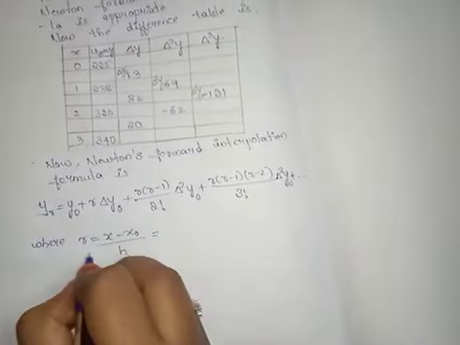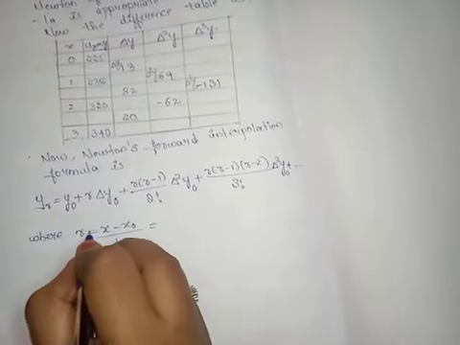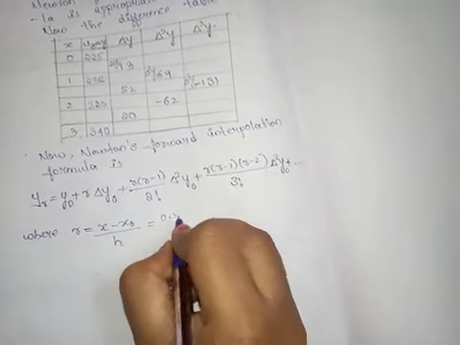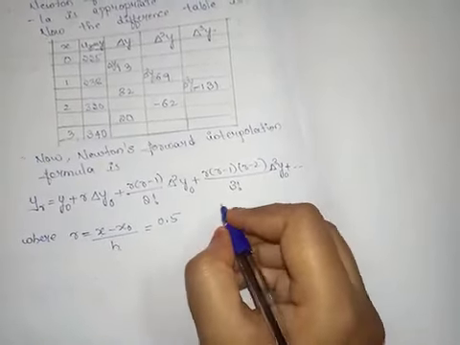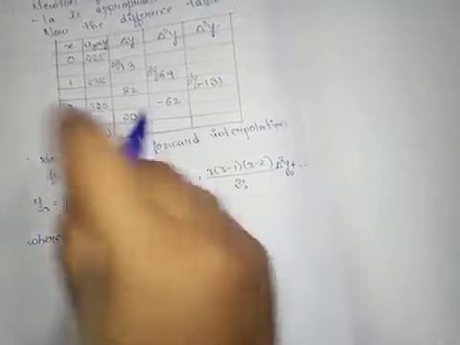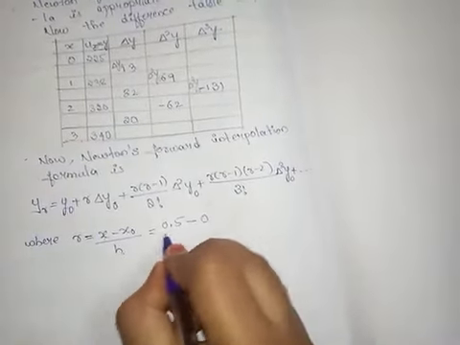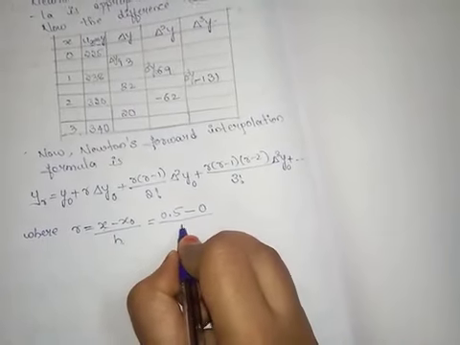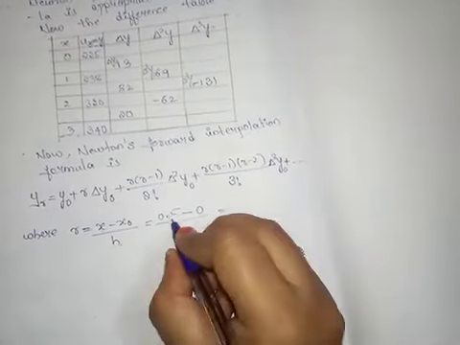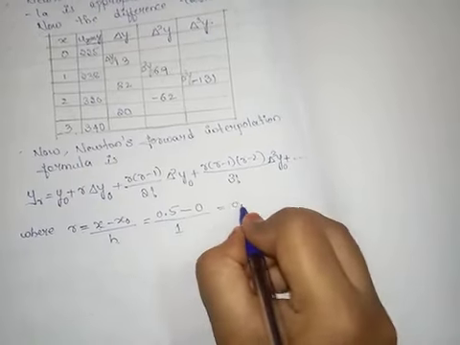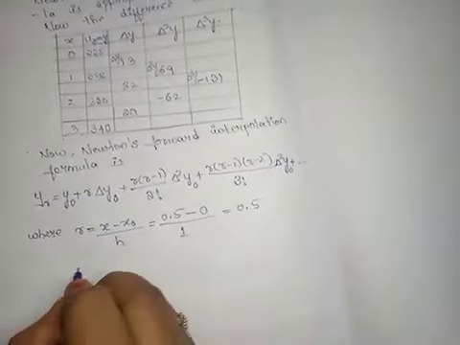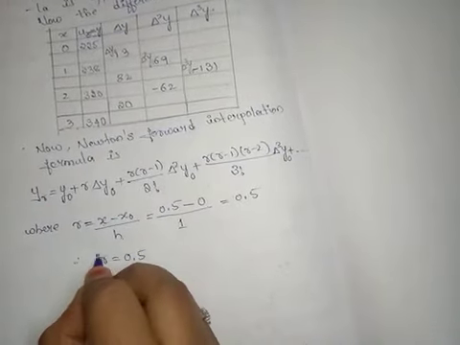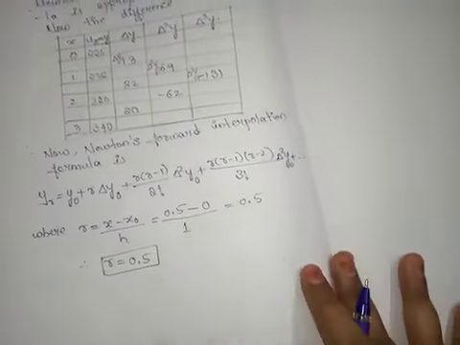Here the x value is 0.5 and x naught is 0, divided by h, which is 1, so 0.5 divided by 1 is again 0.5. Therefore, r is equal to 0.5.